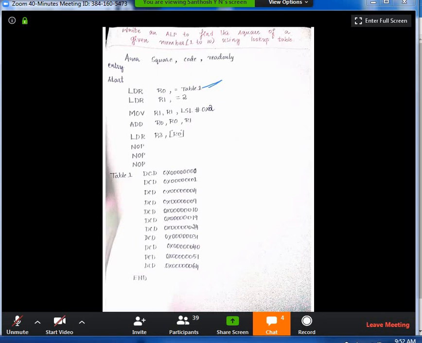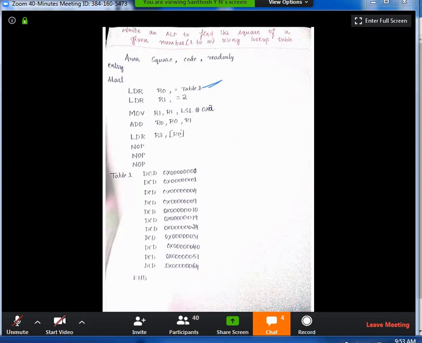Okay, next LDR R1, =2. So what you are doing is loading the content, that is 2, the immediate data. So 2 you are loading into R1. Why do you have to take 2? You are interested in finding the square of the number 2. If you are interested in finding the square of the number 3, you can load 3 here.